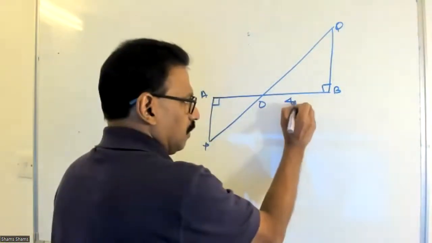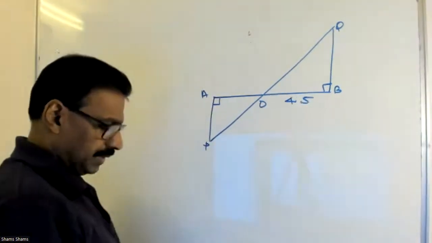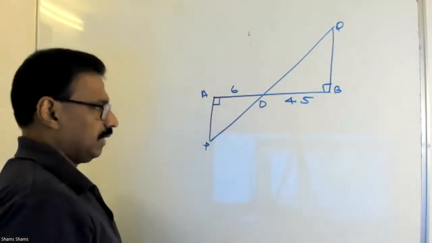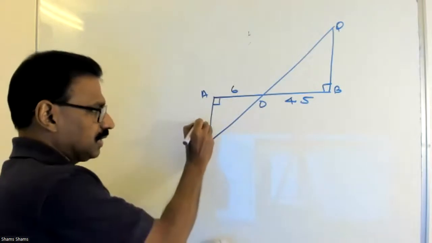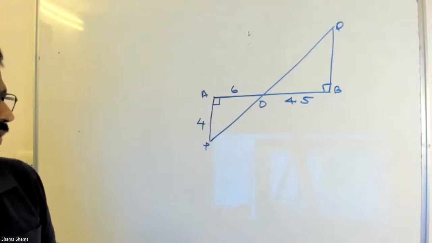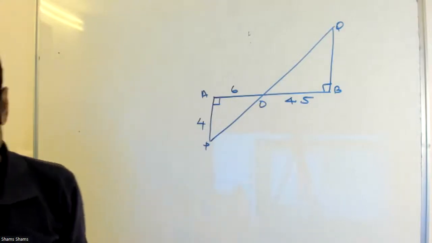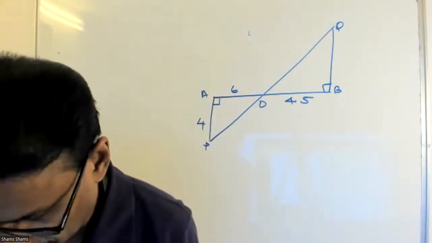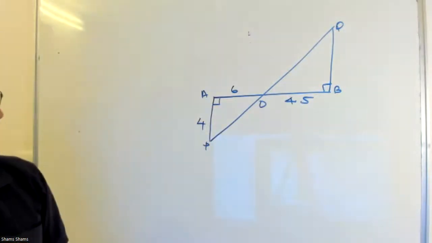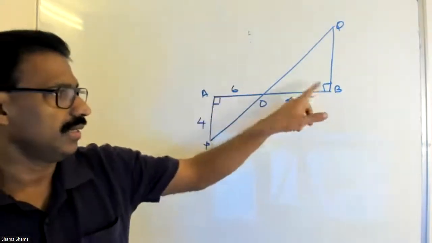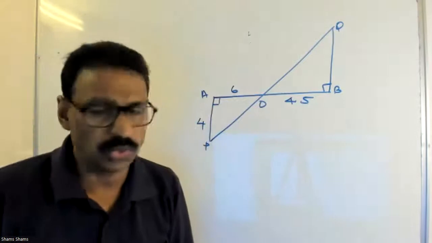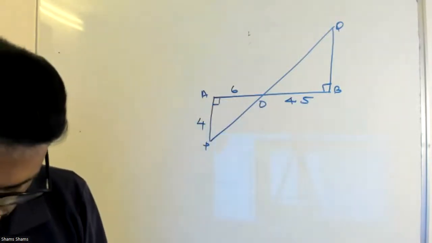OB 4.5 centimeter. OA 6 centimeter. AP 4 centimeter. Find QB. Question here. In figure 90, 90, 4.5, 6, 4, QB is missing. Okay, find out.